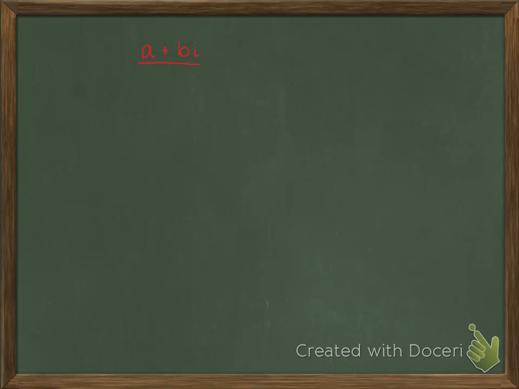So say we're adding 6 plus 3i to -2 minus 4i.